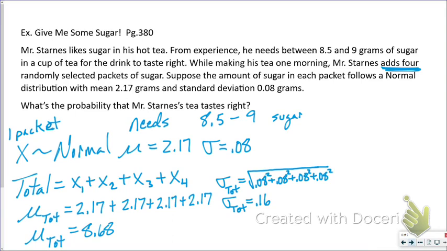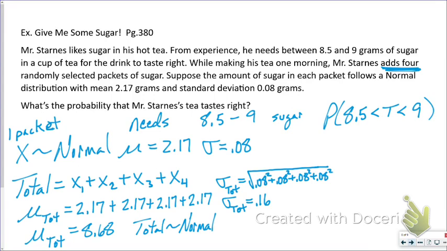And now I'm ready to go. I've adjusted my problem. I know that this total is normal because one packet is normal, and I have its mean and standard deviation. The question is 8.5 to 9, and I need to find 8.5's z-score.